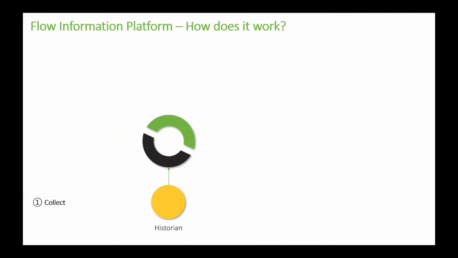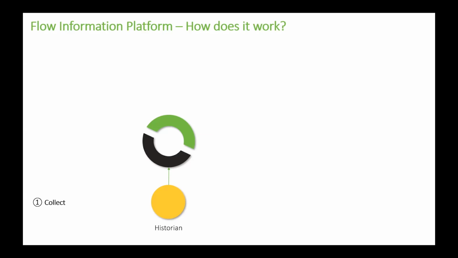So here I have a Canary historian, and the beauty is for most of you in our audience today, you probably have already invested in your Canary historian, and you probably have a couple of years worth of data. Now what you can do is you can actually connect that into Flow, and Flow can go back in time and pull a lot of that information and create KPIs for you directly in the Flow information platform. So you can leverage that investment that you have already made.